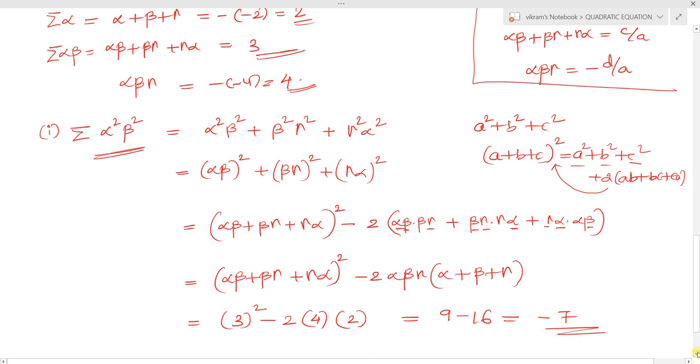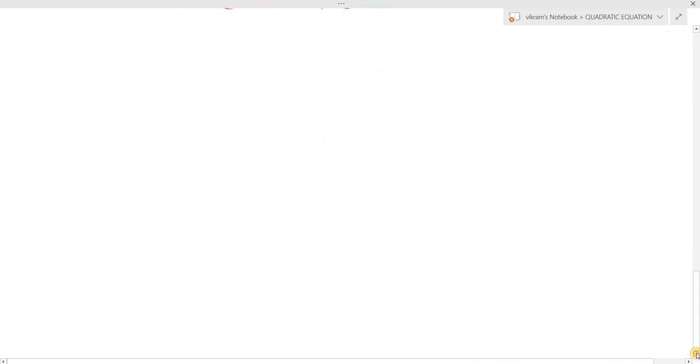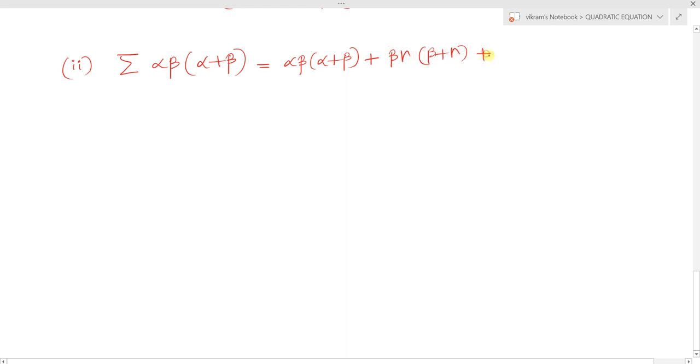And the next question, the second one, is the summation of alpha beta times alpha plus beta. Now if we expand this, we can write alpha beta times alpha plus beta, that means we are taking two roots. The next two roots give beta gamma times beta plus gamma, and the next two roots give gamma alpha times gamma plus alpha.